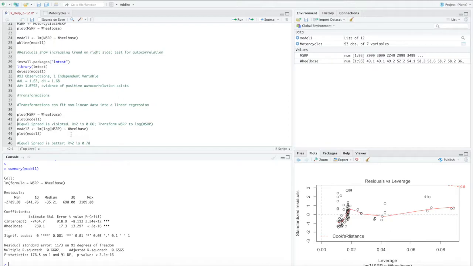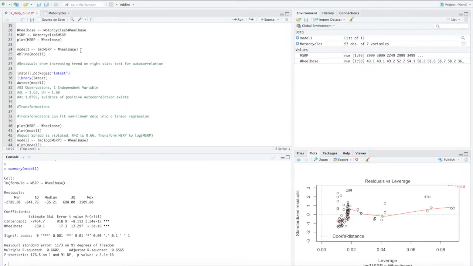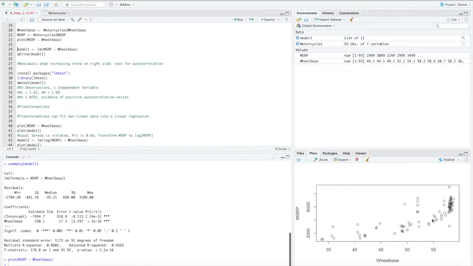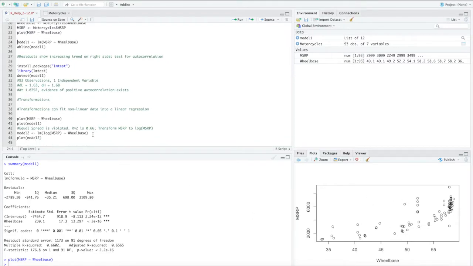This is just a simple example, because I noticed a slight exponential trend within the data. If we plot wheelbase versus MSRP again, what we see is an exponential trend towards the end. So log would be a good way to maybe tone down some of those y values and get a better linear fit.